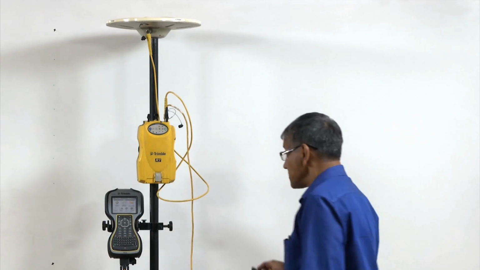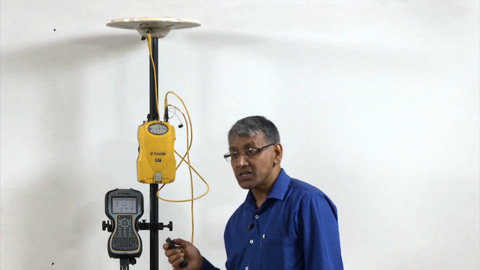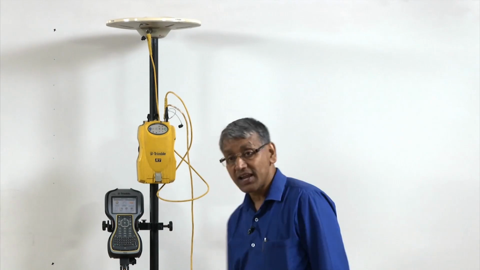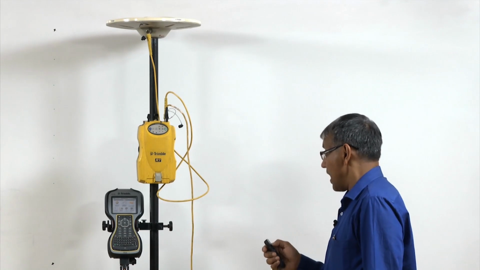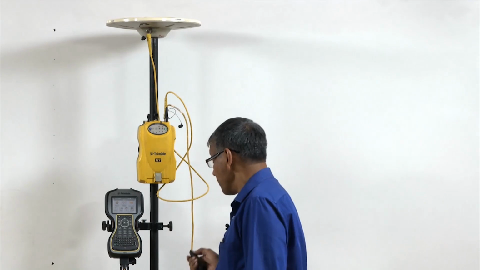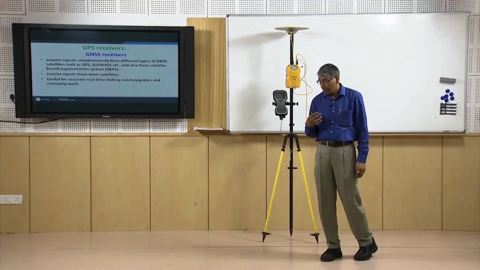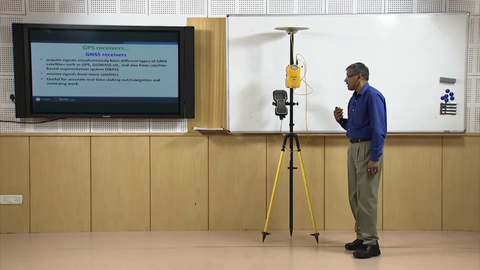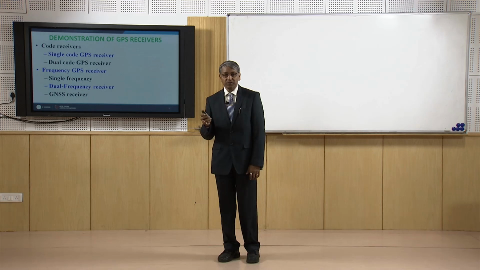This receiver can receive signals from GPS satellites as well as from GLONASS satellites as well as from EGNOS satellites. So this is a very powerful receiver. The signals can be useful for many precise measurement activities. That is all about the demonstration of GPS receivers.